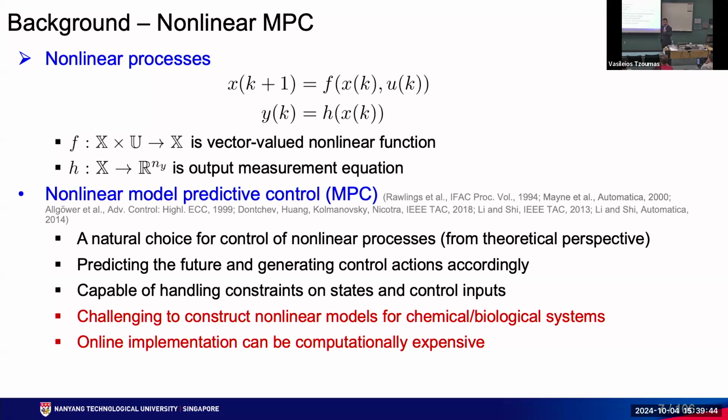But for our processes, it has been challenging to construct the nonlinear models because of the scale, because of the complex structure, because of the excessively large number of state variables. And for online implementation, although our processes have slow dynamics, the transit time could be minutes, hours, or even days, online implementation is still a problem because we cannot change the computing unit for those factories.